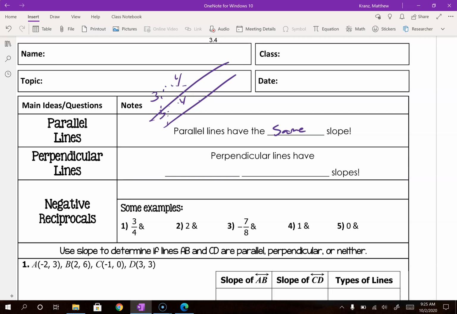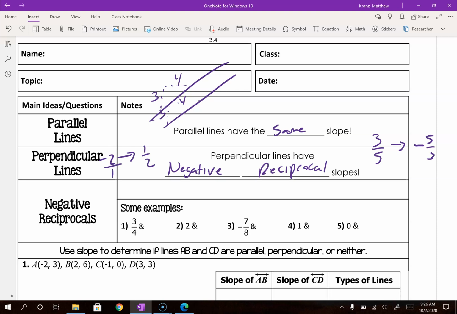And we say that these have what's called the negative reciprocal slope. What that means is if I have 3/5, the negative reciprocal is negative 5/3. If I have a negative 2, the reciprocal is going to be positive 1/2 because this is really negative 2 over 1.